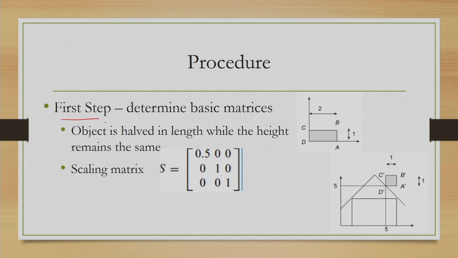First step, we need to determine the basic matrices, that means determine the amount of translation and determine the scaling factors. Note that the object is halved in length while the height is the same. That means along x direction it halved, but along y direction it remained the same. So, the scaling matrix should have Sx equal to half and Sy equal to 1, as shown in this transformation matrix for scaling.